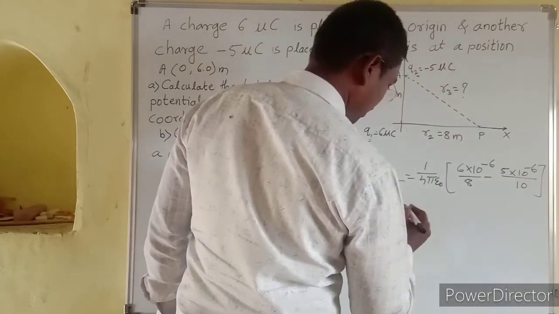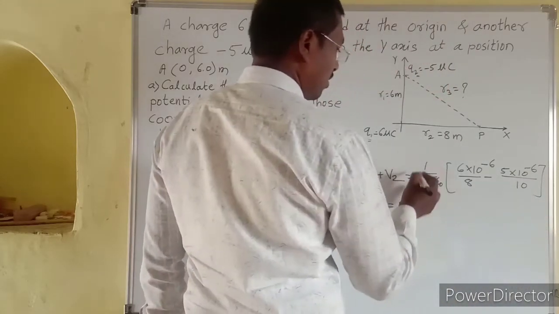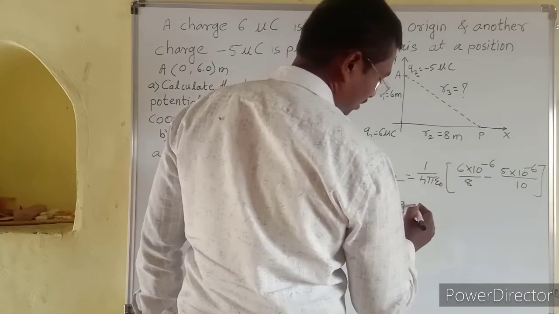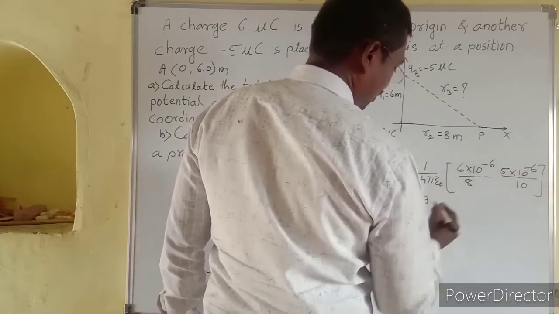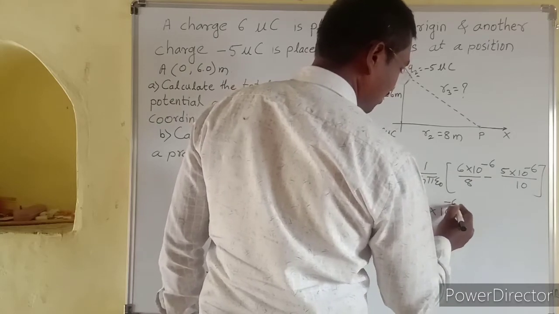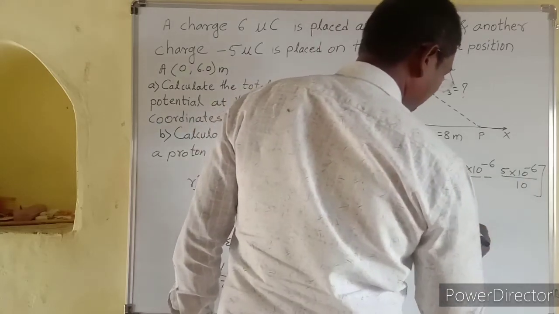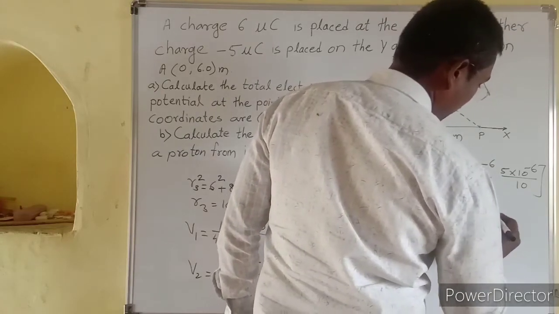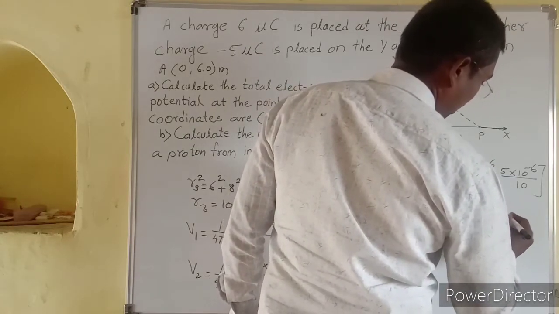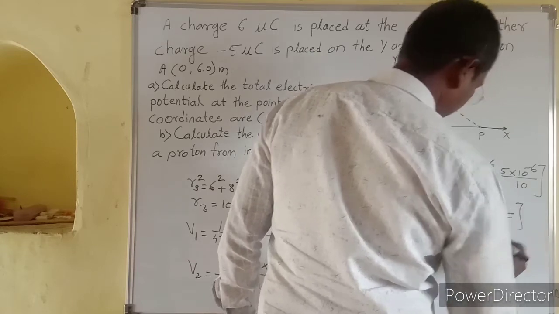The value of this constant is 9 into 10 raised to 9, and 10 raised to minus 6 is common. So inside the bracket there is 3 divided by 4 minus 1 divided by 5.